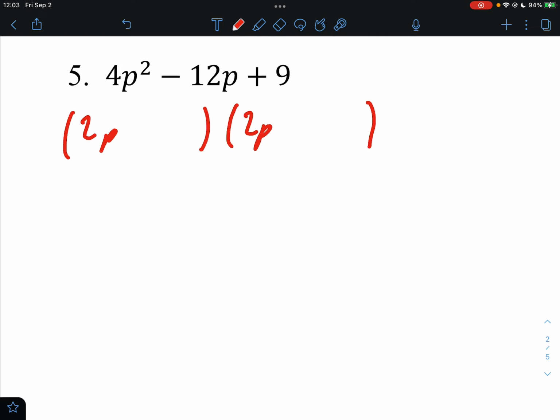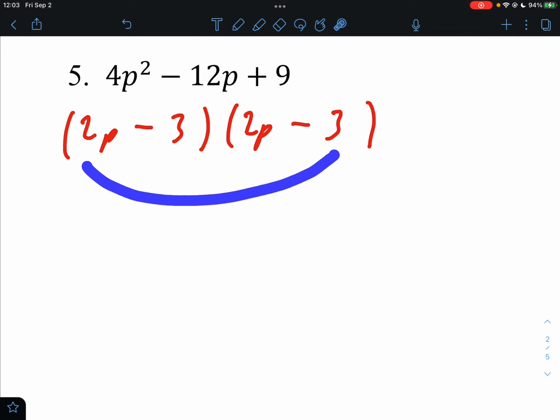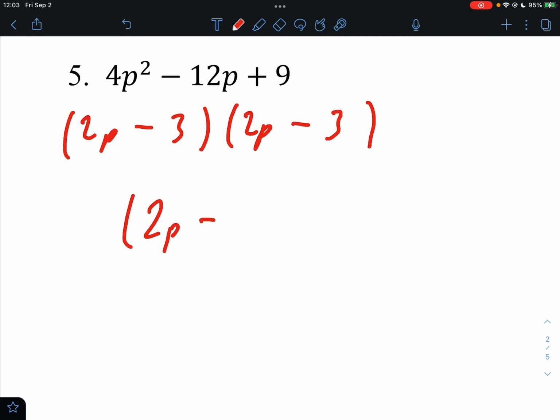For 9, it's got to be multiplying to positive 9, adding to negative 12. So I know both these signs are minus. That's for sure. So it's either going to be 9 and 1 or 3 and 3. Let's try 3 and 3. And when we multiply, we get negative 6 and negative 6. So this is (2p minus 3) squared, a binomial squared.